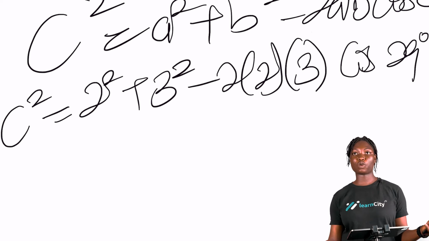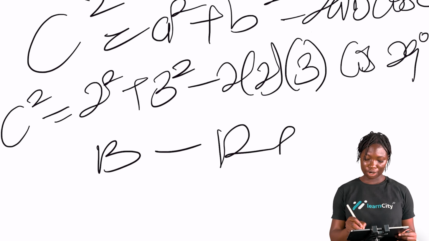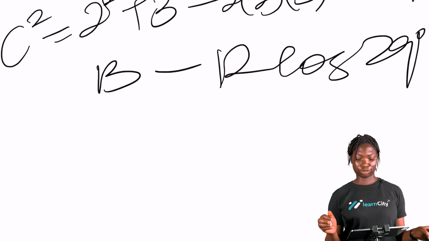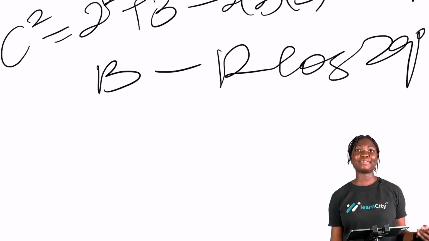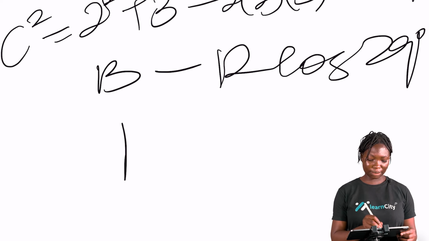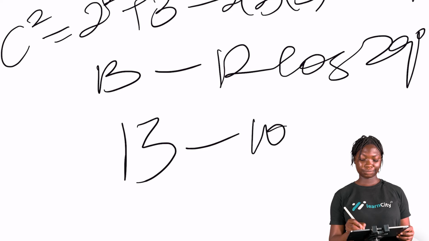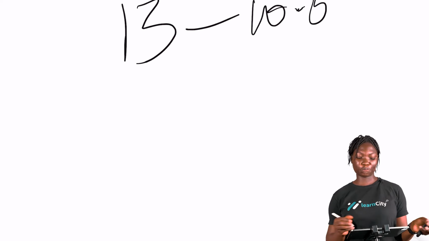So 9 plus 4, we have it to be 13 minus 12 cos 29 degrees. We have it to be 10.5. So we have it to be 13 minus 10.5, which is 2.5.